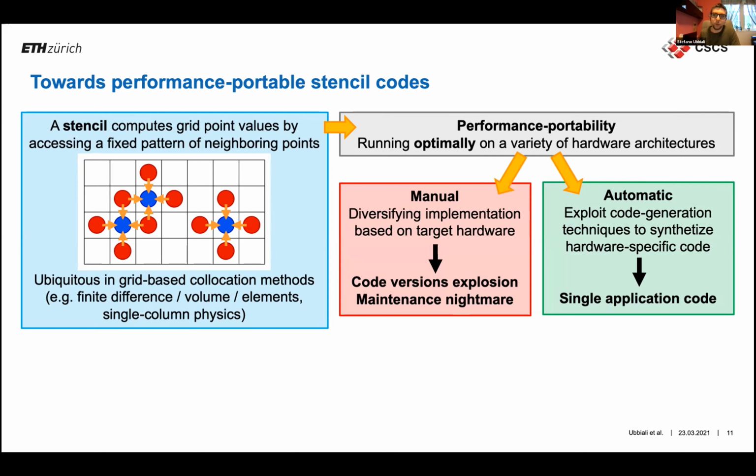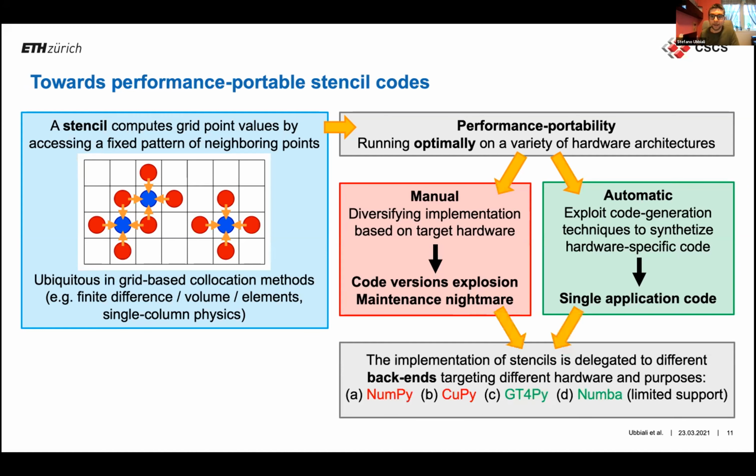On the other hand, we could exploit some automatic code generation techniques which can produce optimized, hardware-specific code for specific architectures, starting from a single application code which the user needs to maintain. And here, for demonstration purposes, we mix these two approaches by delegating implementation of a stencil operator to different backends.